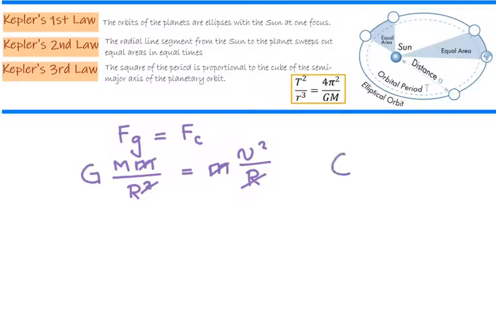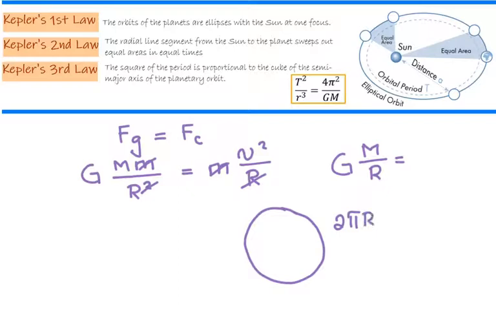So what I have is G M over r is equal to v squared. If an object is moving in a circular motion, v is the distance it travels, which is the circumference, 2 pi r, divided by the time it takes to make one revolution, which is the period. The period is the time it takes to travel from this point all the way around back to the same point.